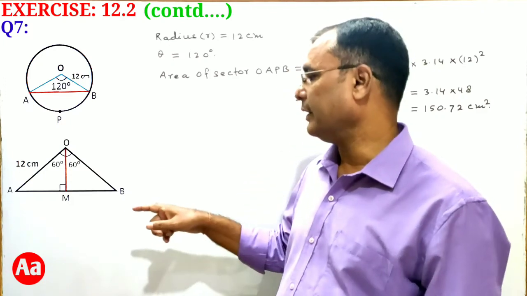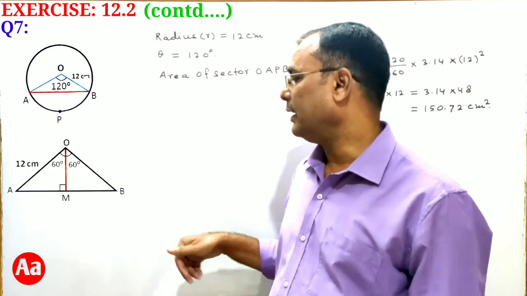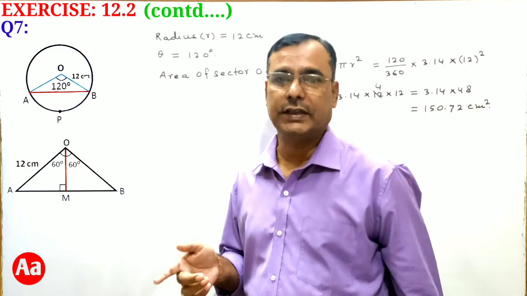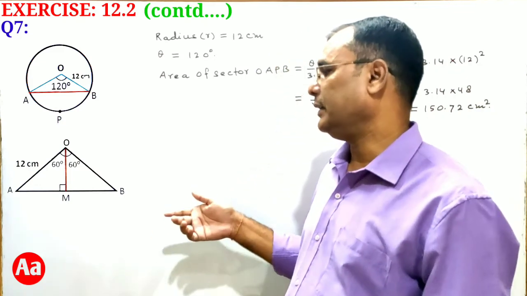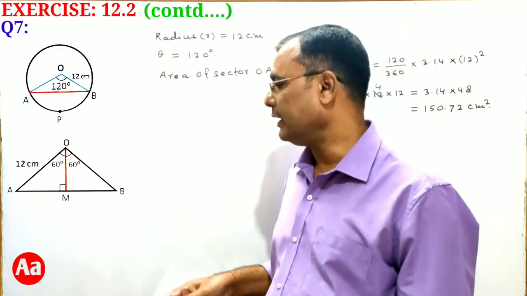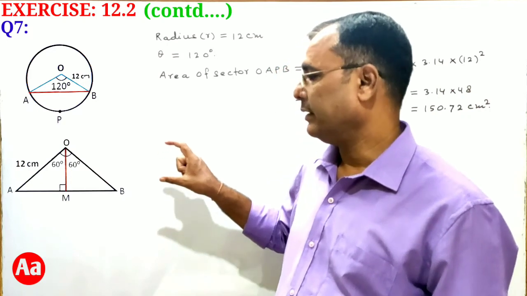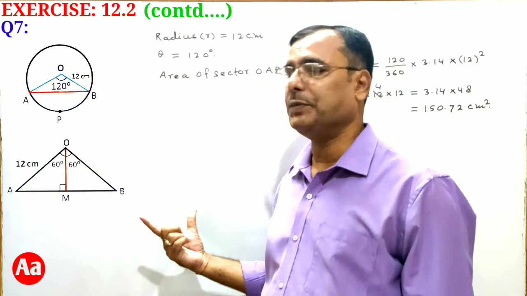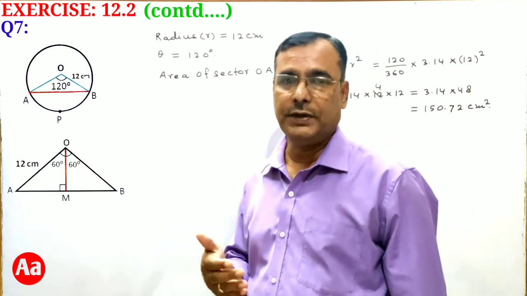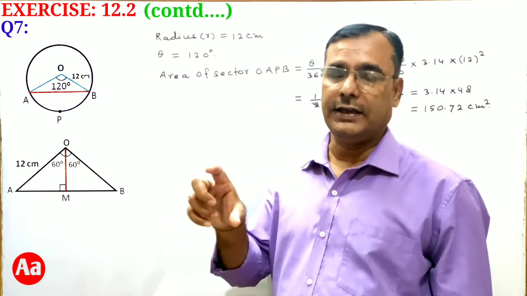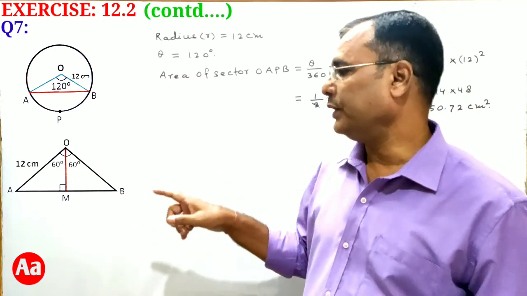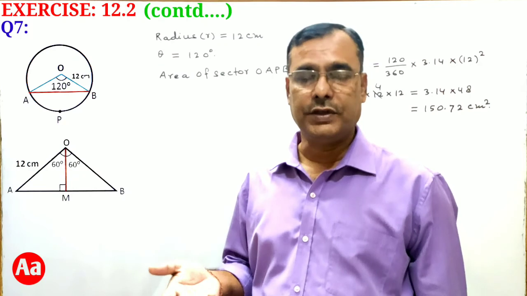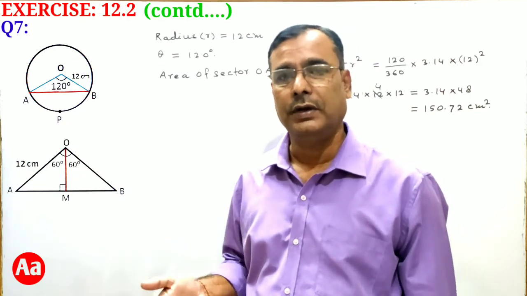So in right triangle AOM, or even in triangle BOM, in any one right triangle, we will apply trigonometric ratios and find out OM, which is the height of the triangle, and also AB, which is the base of the triangle. And when we calculate the base and height of triangle OAB, we will calculate the area of the triangle using the formula half into base into height.